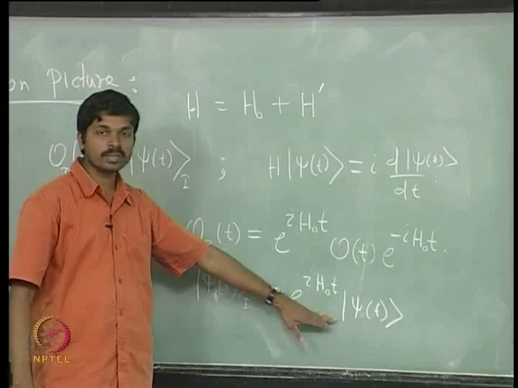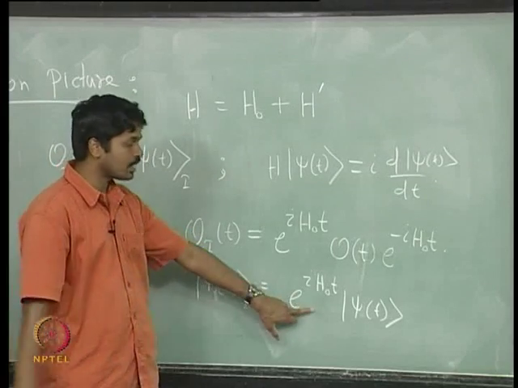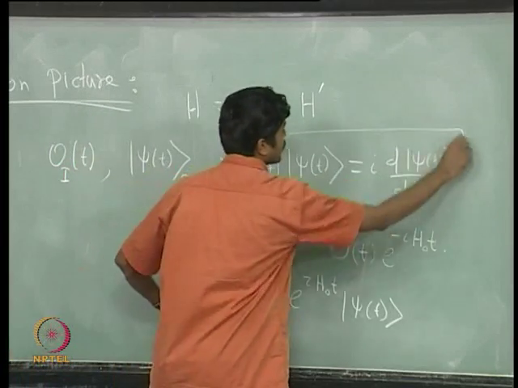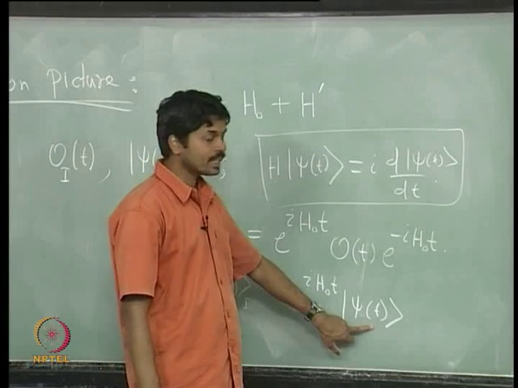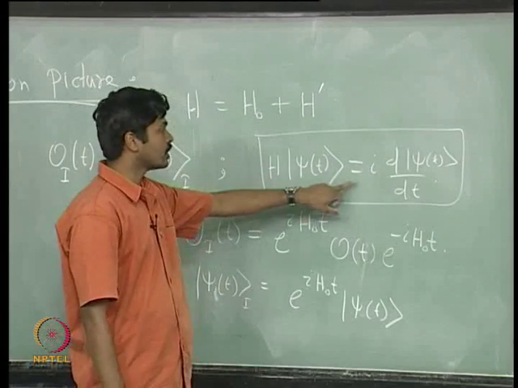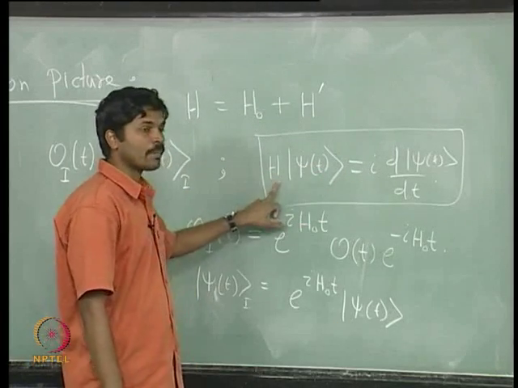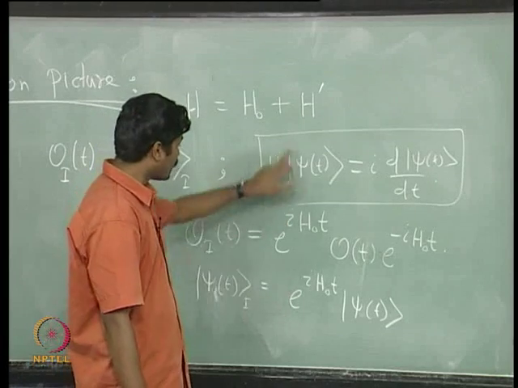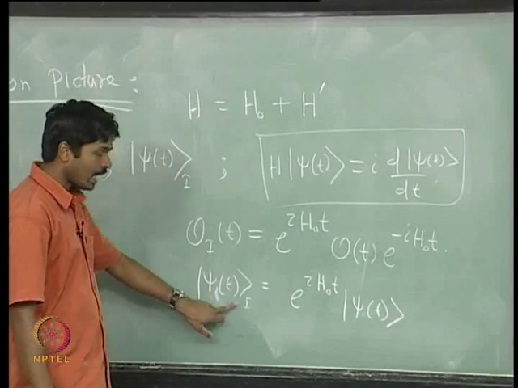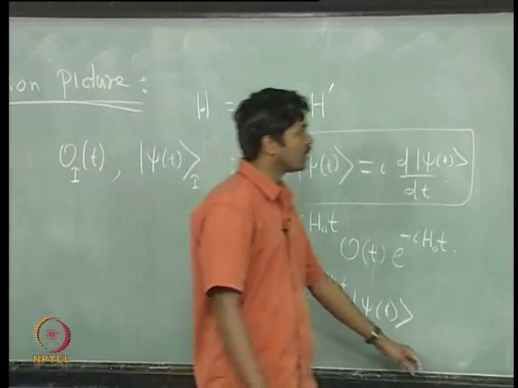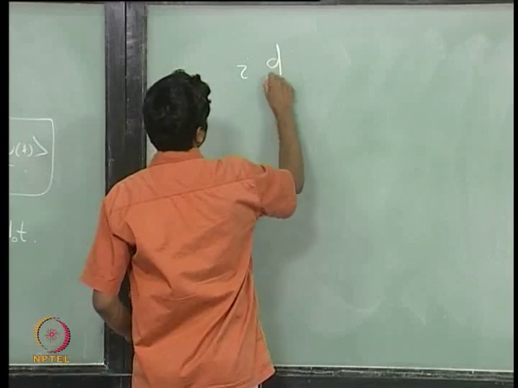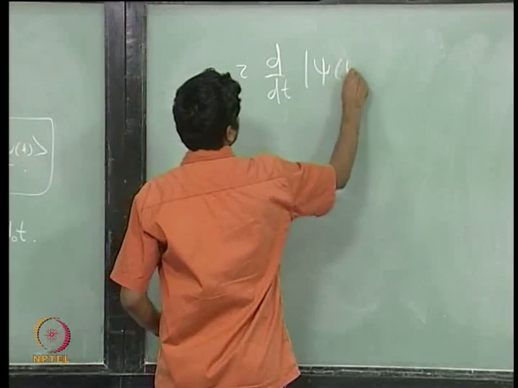This is just a definition. So, you start with this definition for the state vectors, and you use the fact that psi of t is the state vector in the Schrodinger picture, and hence psi of t obeys the Schrodinger equation of motion with the full Hamiltonian. Okay? So, when you do that, let us now see what we get for d psi_I of t over dt. So, you consider i d over dt acting on psi_I of t.